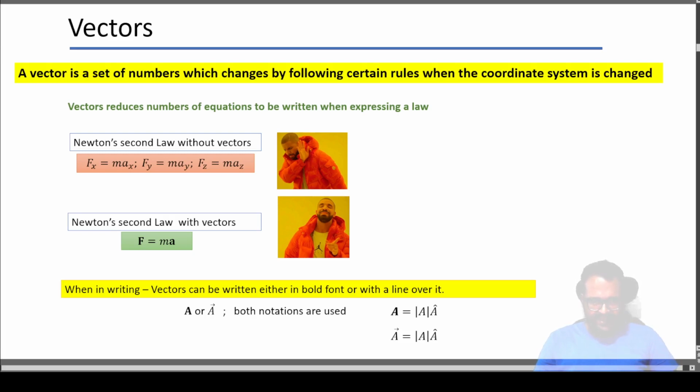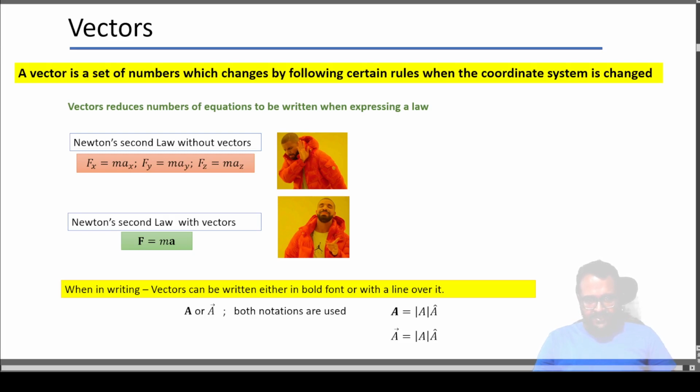That's very boring. But if you write with vectors, the three equations can be combined into one single equation, F is ma. So that is one very useful use of vectors in physics.